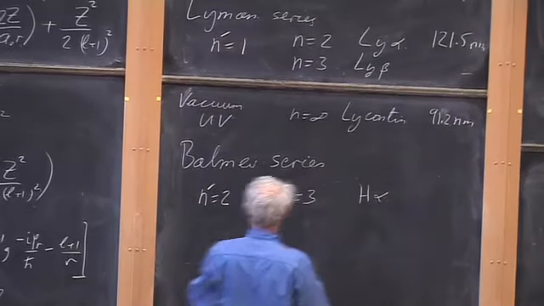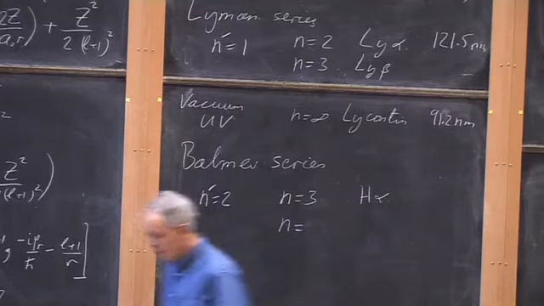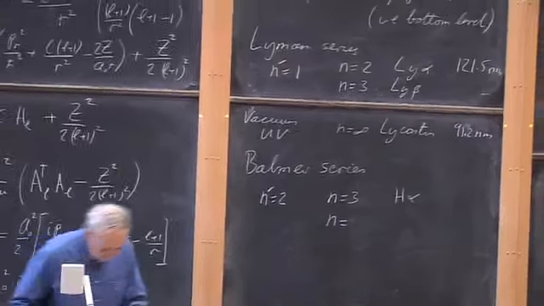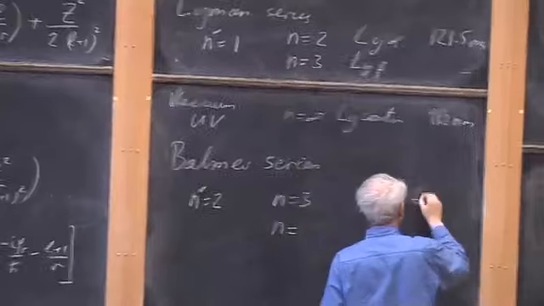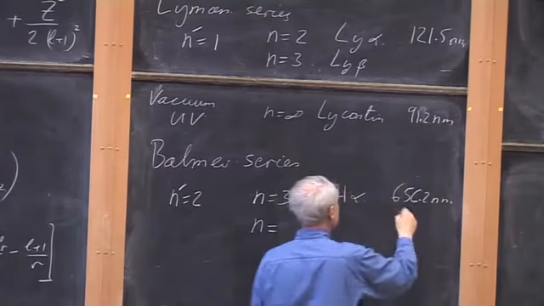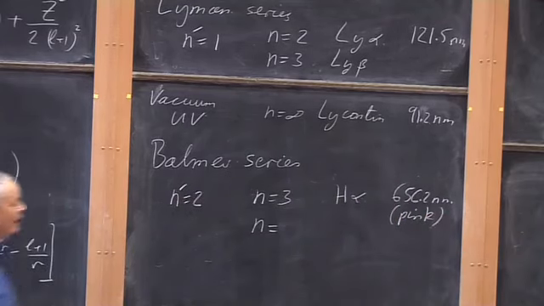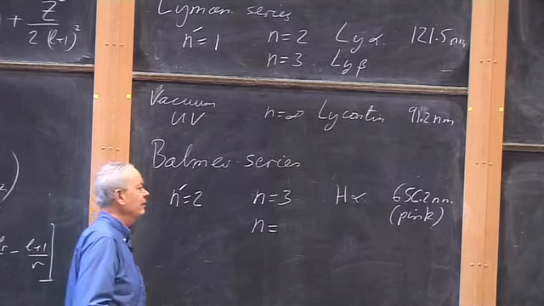So this is called H alpha, and it's a pink photon. It's 600 and something nanometers, 656. So it's pink light. So many astronomical objects are pink because they are shining in H alpha, in Balmer alpha.